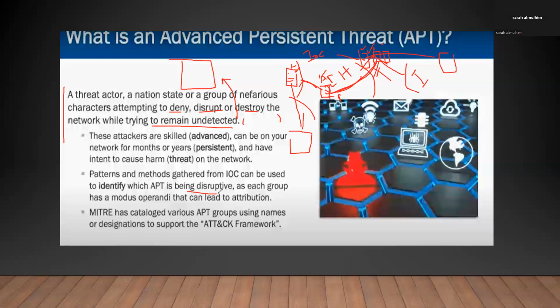They even have fast flux domains, which makes it even harder to recognize which domain they are using. They can even use the Tor network to hide their IP address. So they have so many techniques to hide the IP, the hash, the malware they're using. They can change stuff, but one of the hardest things they can change is their techniques.